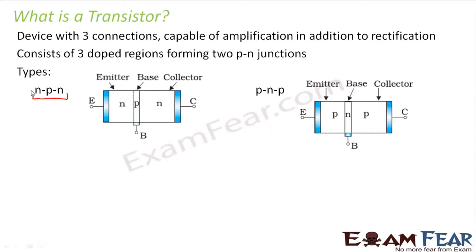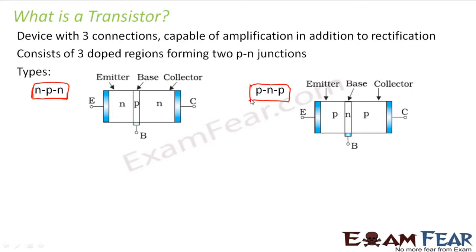We have one type called NPN, where you have first an n-type semiconductor, then a p-type semiconductor, and then again an n-type semiconductor. And the second one is PNP, where a p-type semiconductor is followed by an n-type semiconductor, which in turn is followed again by a p-type semiconductor. Right?